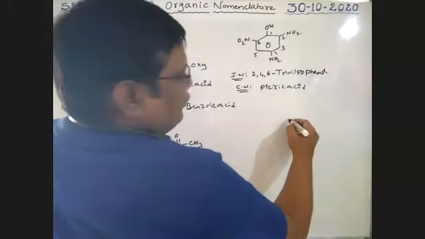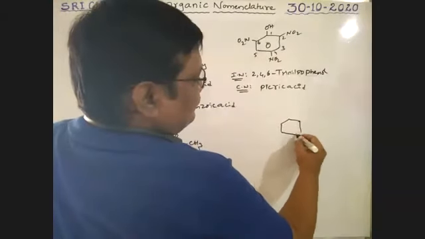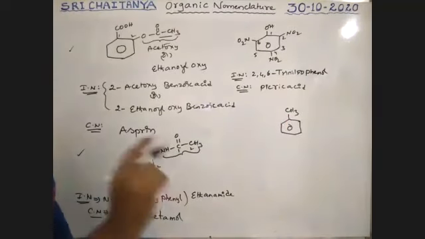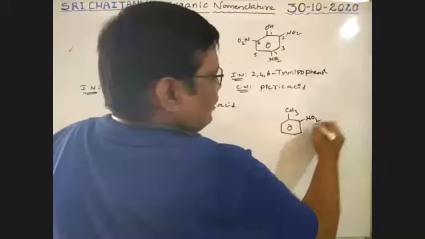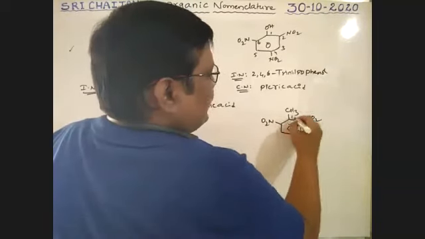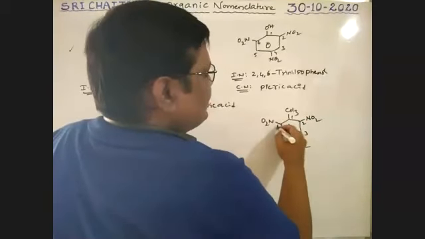Next, see here. We know this one as CH3, toluene. But here there are 3 nitro groups. First, second, third, fourth, fifth, sixth.